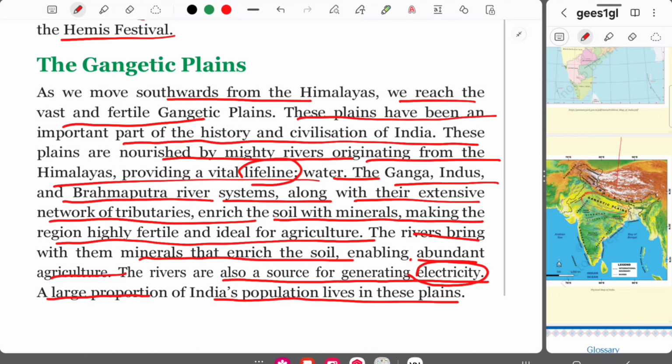Especially if you go to the northeastern hillside, there you will find the connectivity is a little low. Why? Because you can go there only by airway, or by roadways also, but it takes so much time and energy. Apart from that, there are no railway lines in some of the states like Manipur and Meghalaya.